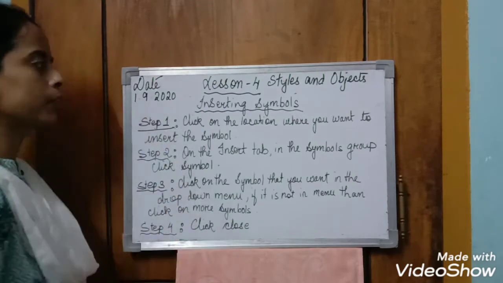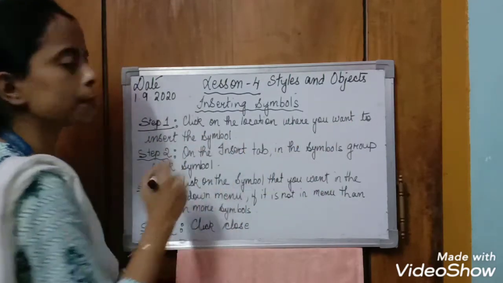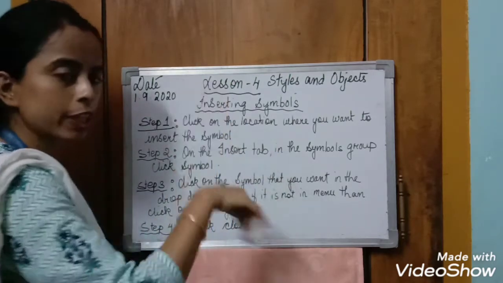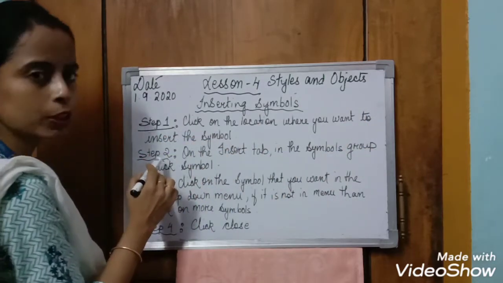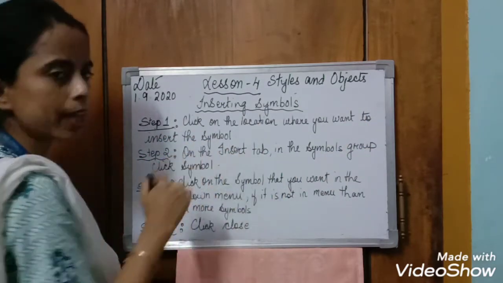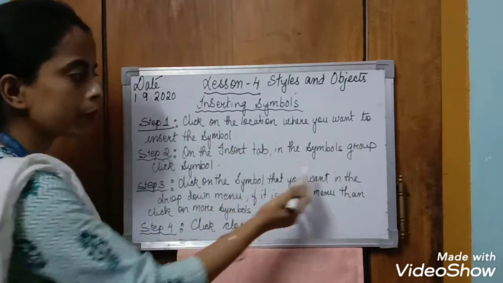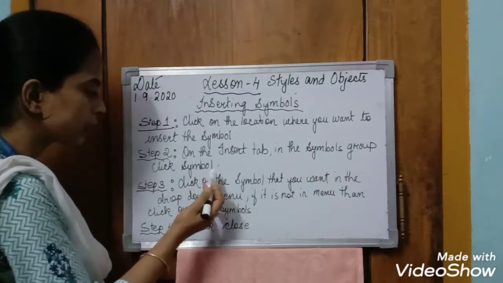Step number 1, click on the location where you want to insert the symbol. First, what will you do? You will click on the place where you want to insert the symbol. Step number 2, on the Insert tab, in the Symbols group, click on Symbol.